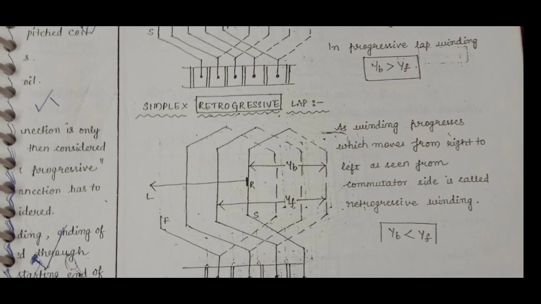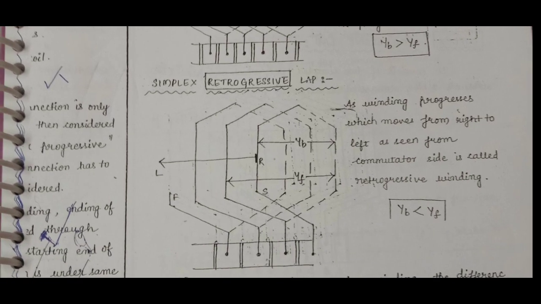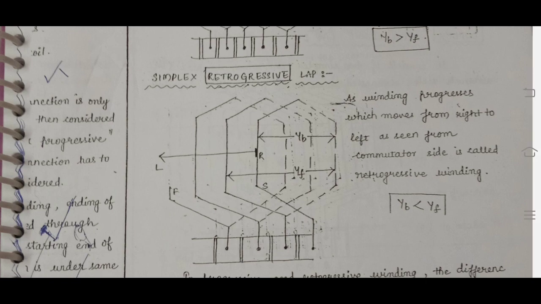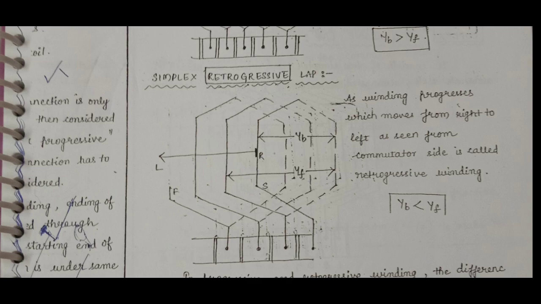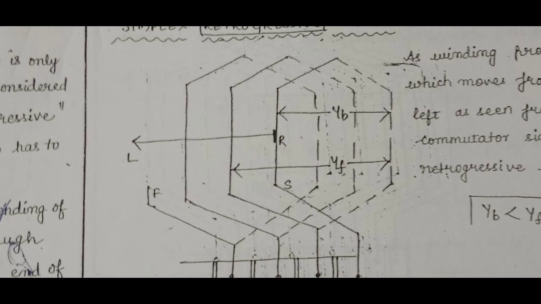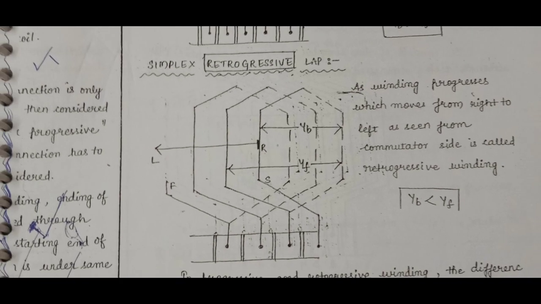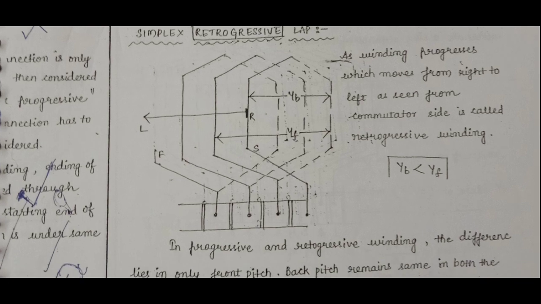Simplex retrogressive lap winding. The winding which moves from right to left, as we can observe, R to L, as seen from the commutator side, is called a retrogressive winding.